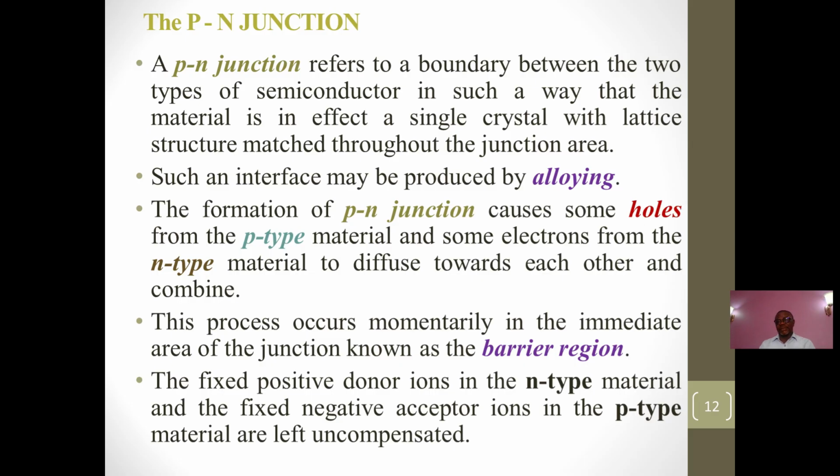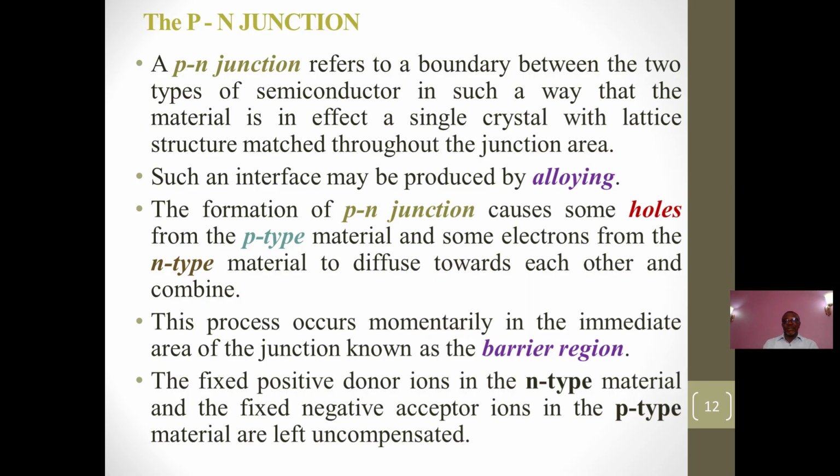In your basic chemistry, you have treated alloys and methods of bringing materials together in form of alloying. You have bonding, you have alloying. So say this process of PN junction coming together is produced by alloying.